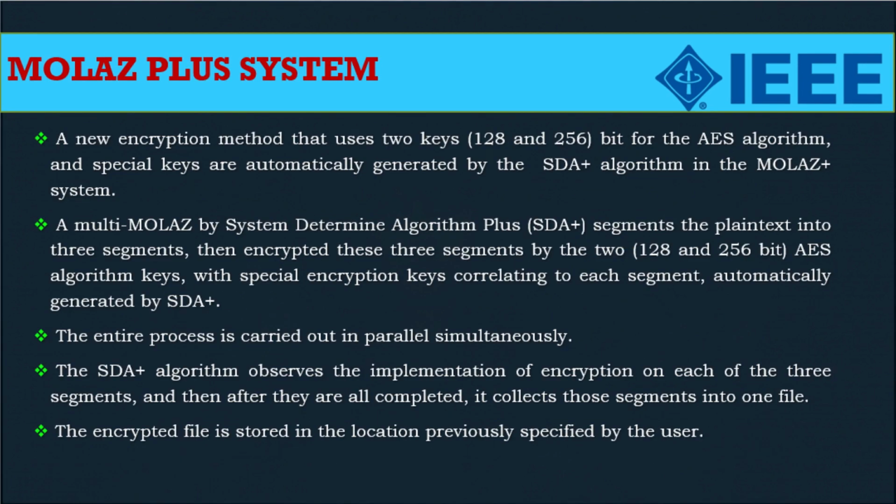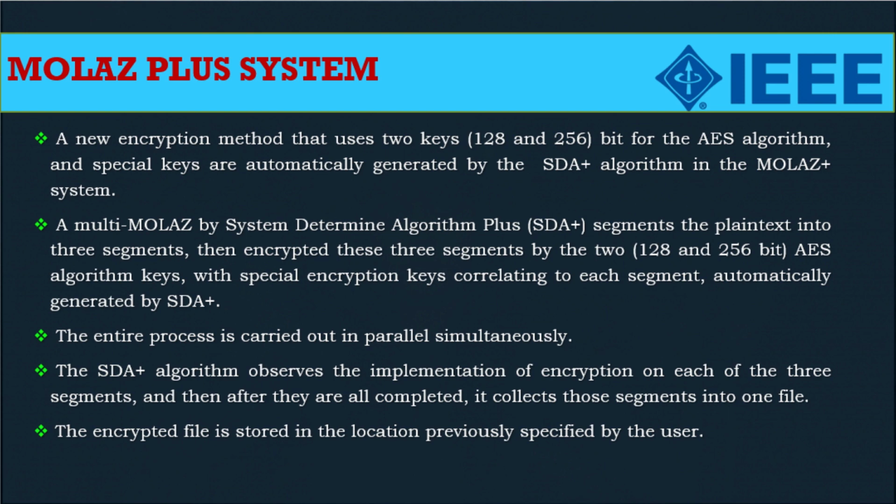A new MOLAZ plus encryption system that uses two keys, 128 and 256 bit, for the AES algorithm, and special keys are automatically generated by the SDA plus algorithm in the MOLAZ plus system. The system determined algorithm plus, SDA plus, segments the plaintext into 3 segments, then encrypts these 3 segments by the two, 128 and 256-bit, AES algorithm keys, with special encryption keys correlating to each segment, automatically generated by SDA+.